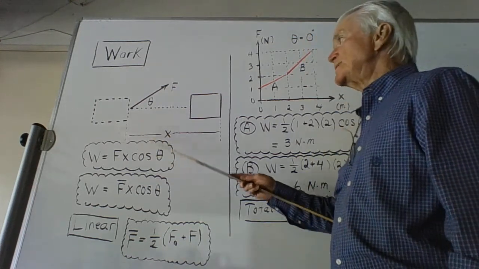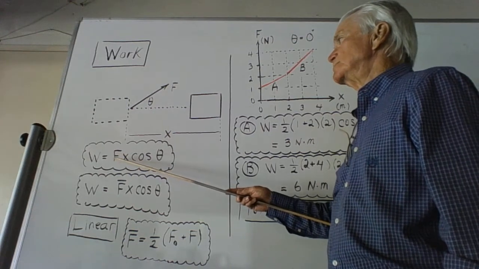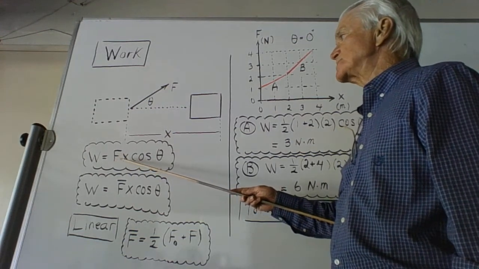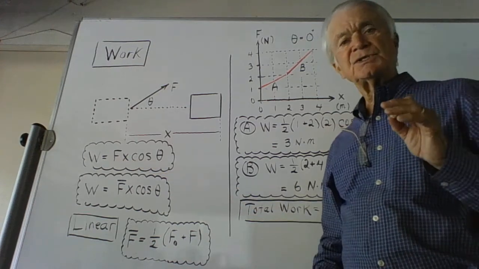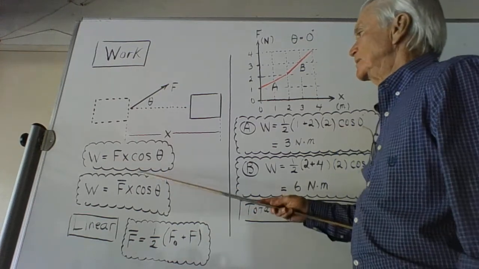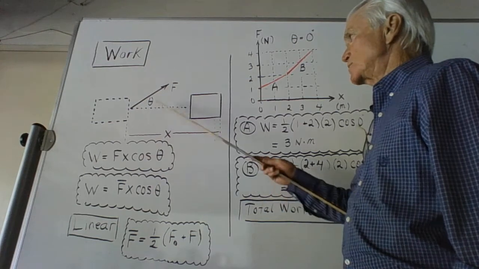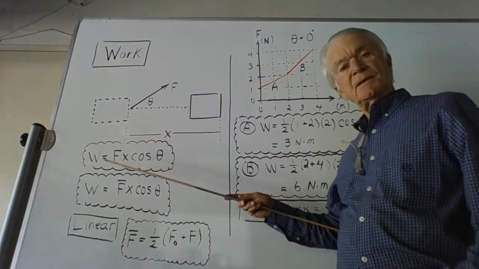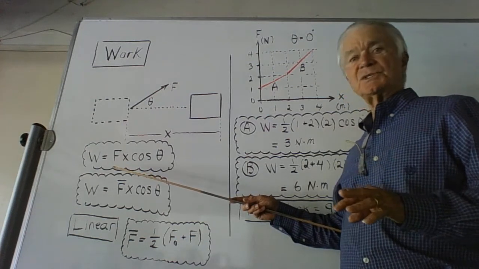The work done by that force is calculated by this equation, F times x, where x is the distance traveled, times the cosine of the angle theta. I'll emphasize that F and x are positive numbers.